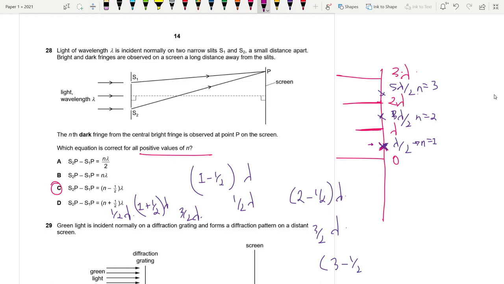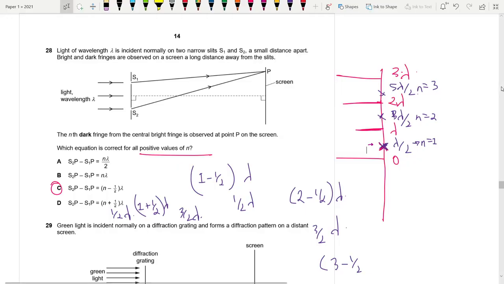So at lambda, at 0 it was the central maxima. Then we have the first subsidiary maxima, then the second subsidiary maxima, and it goes on. So we're going to see a pattern of fringes with some gaps between them: maxima, minima, and so on. They want an equation for all positive values of n, where n represents the dark fringes.